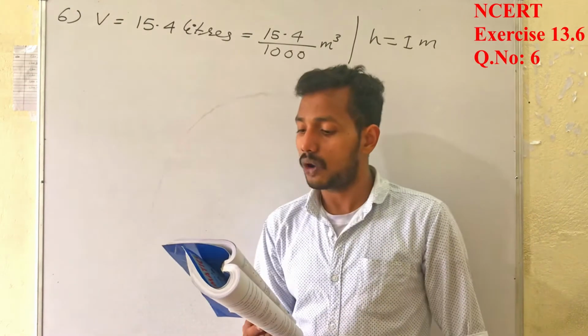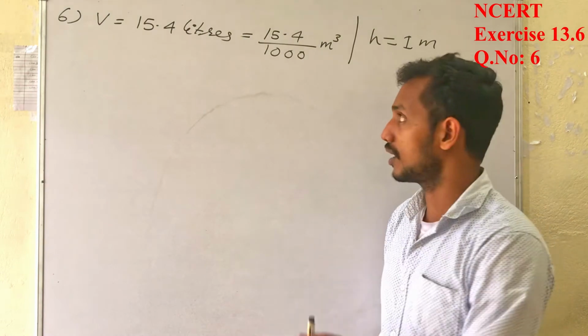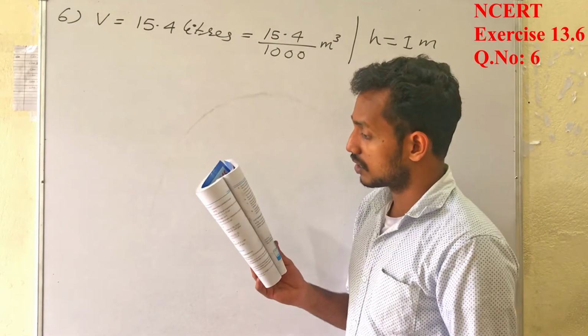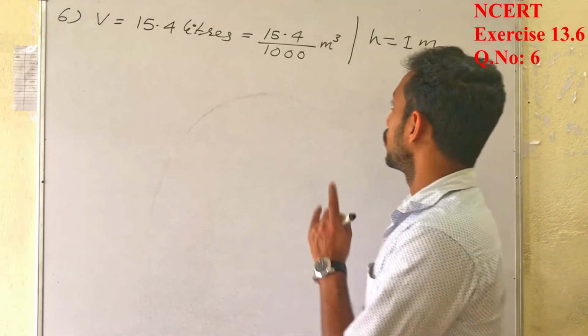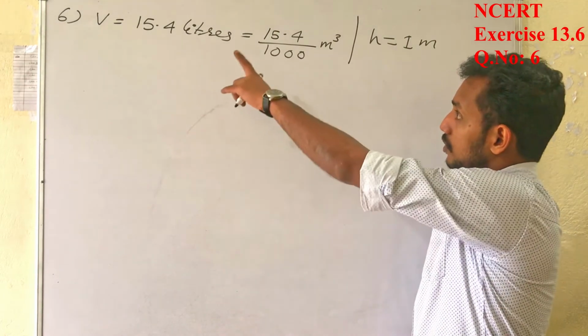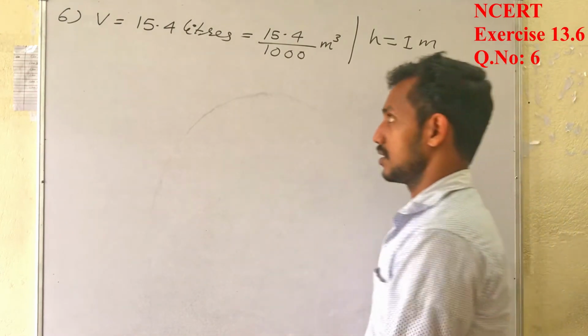The question is how many square meters of metal sheet would be needed to make it. That means we need to find the total surface area, because it is a closed cylindrical vessel. To find the surface area, we need to get its radius. Clear? For that, volume is given, height is given, so we can easily find the surface area.